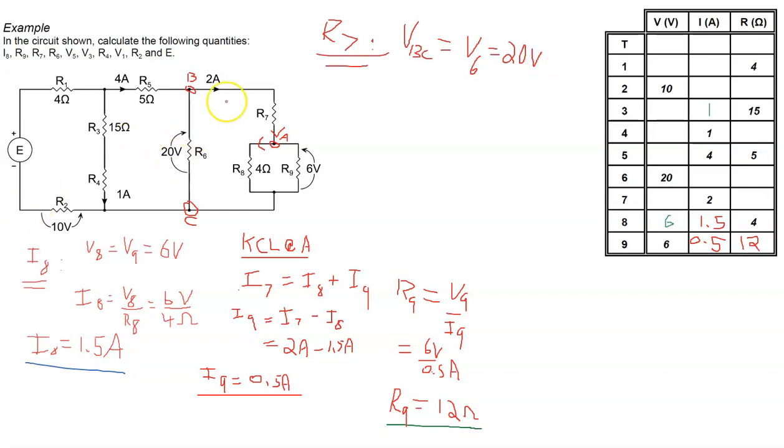And it doesn't matter what route it takes to get from B to C, the voltage will be 20. So across here, 20, across this one and this one, 20, right? So VBC is 20, no matter which way I go there.